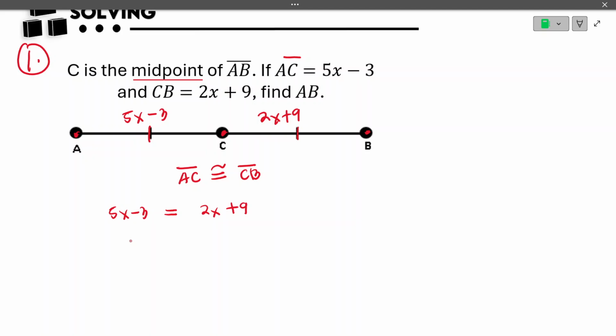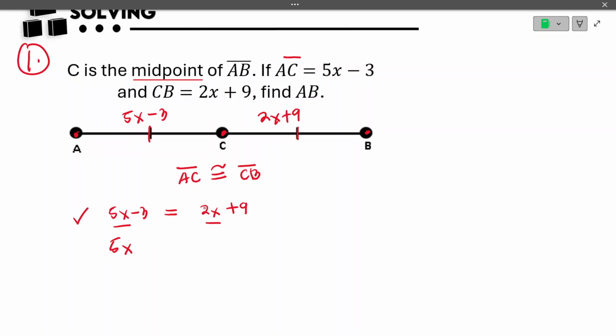Now, when you have this as the first step, you can combine the like terms by transposing terms together with the terms that are alike, like 5x and 2x. We must be reminded that their sign changes after transposing.